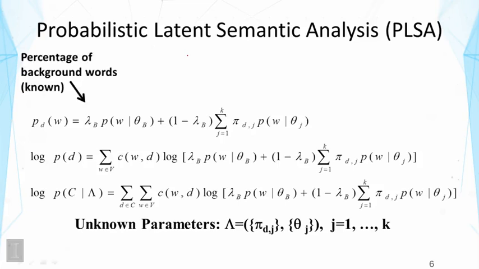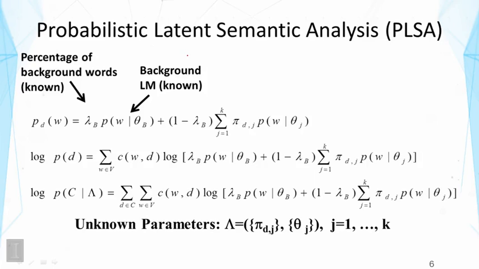So first we see lambda sub b here. This represents the percentage of background words that we believe exist in the text data. And this can be a known value that we set empirically. Second, we see the background language model, and typically we also assume this is known. We can use a large collection of text or use all the text data we have available to estimate the word distribution.